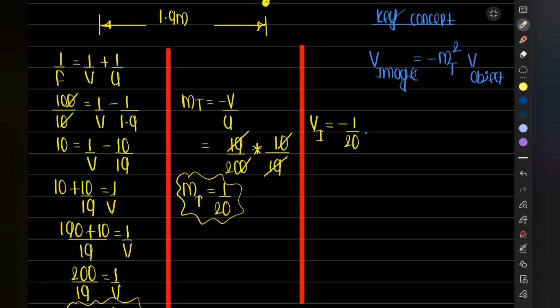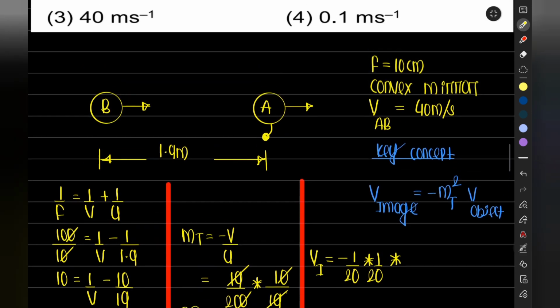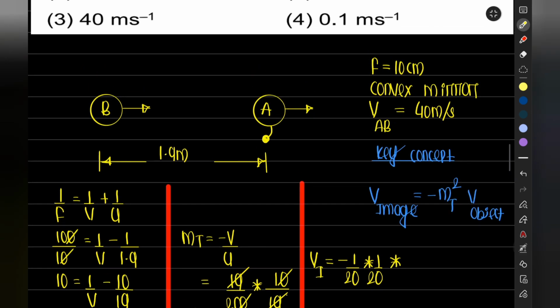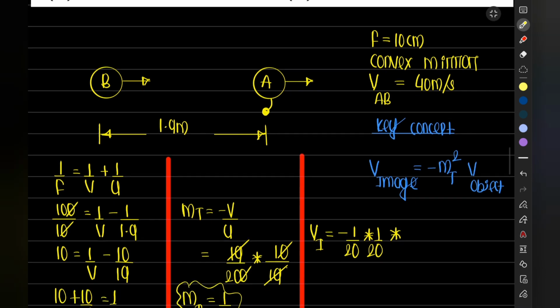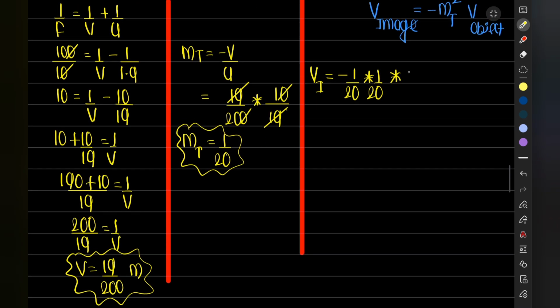The velocity of the object, that is B, is 40 meter per second, because they have given the relative speed, so I am going to use the relative speed only. The zeros cancel out, 4 cancels out, so V_i is equal to minus 1 by 10.